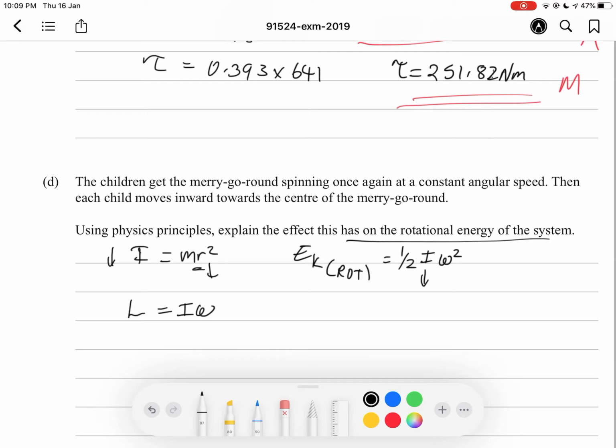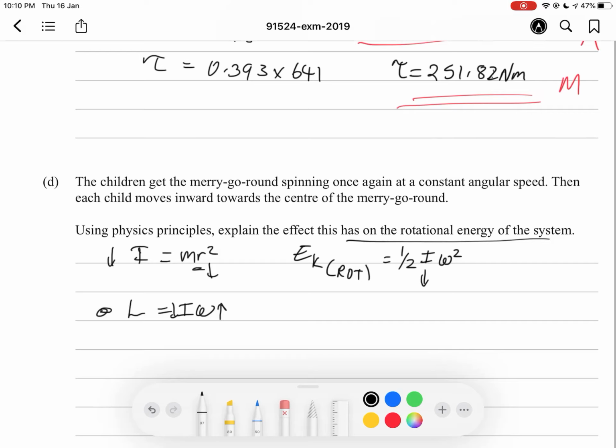Assuming there are no external torques acting on the system, we assume conservation of angular momentum. So once the children move in, the angular momentum stays the same. However, the rotational inertia decreases while the momentum stays the same, so the angular speed of the system must go up.